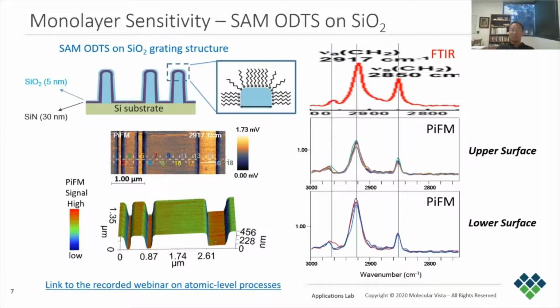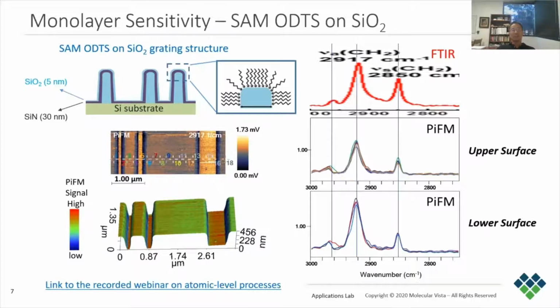When 18 spectra are taken across the structure, we can see that there is a good repeatability in the spectra within the upper and lower surfaces, as is observed in the PiFM image at 2917 wave number. The spectra taken in the lower surface has much higher peak at 2917 wave number compared to the spectra taken in the upper surfaces.